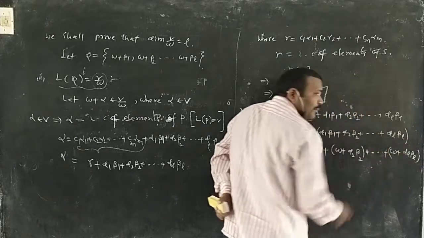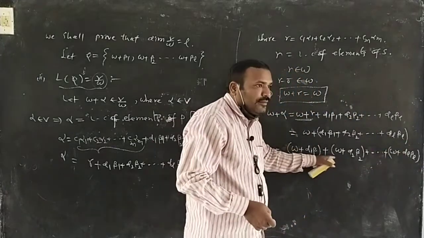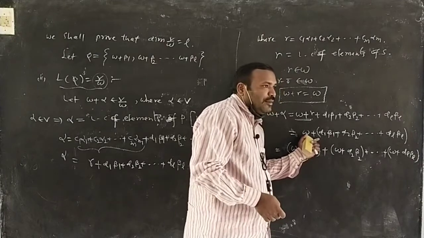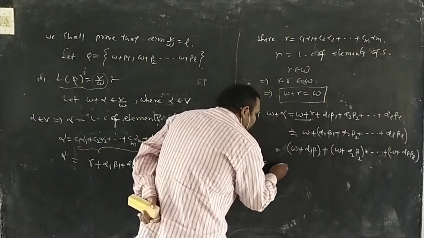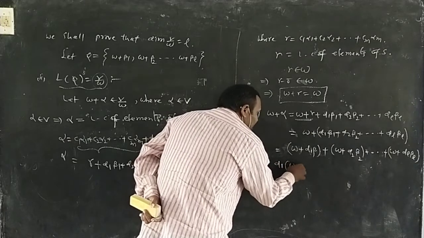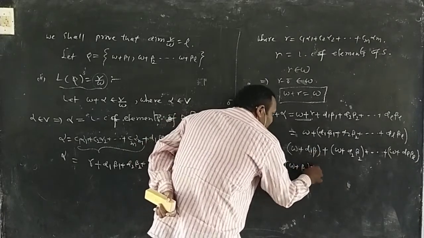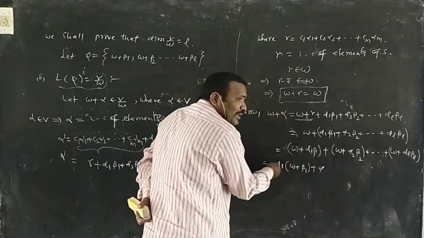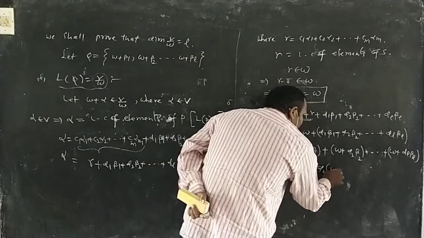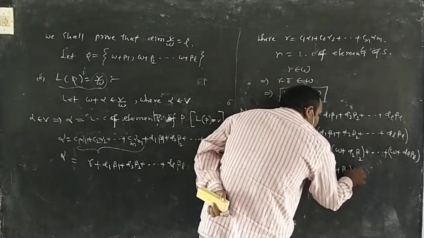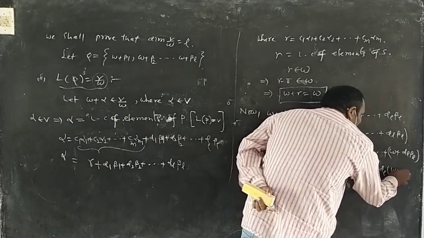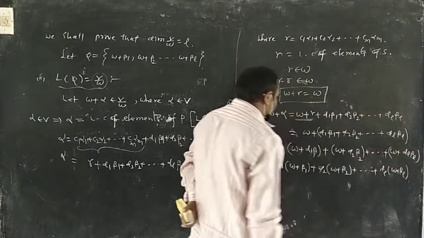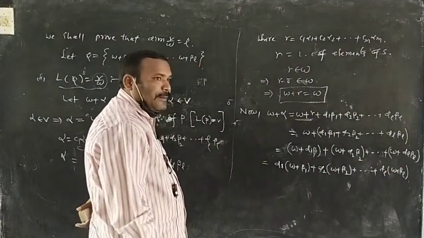These two are same, by cosets addition. This can be written as D1 into W plus beta 1, cosets scalar multiplication, plus D2 into W plus beta 2 plus and so on plus DL into W plus beta L. Okay.